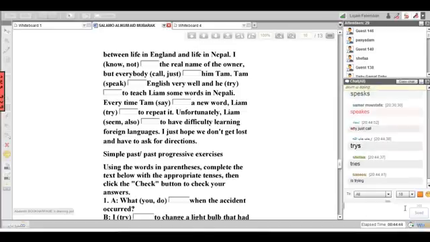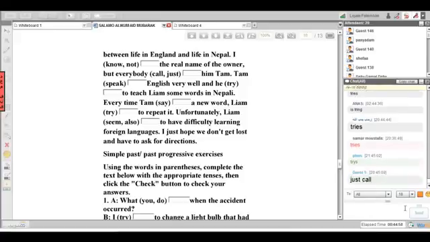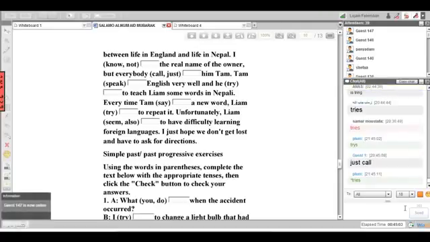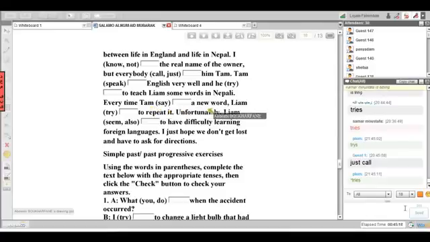Nani, Samar Mustafa, Zahab Jaballah. Okay, so I got it. I know not the real name of the owner. I, the verb to know, not the real name of the owner. So what is the answer? Nani, don't know. I don't know. Great, the right answer is don't.